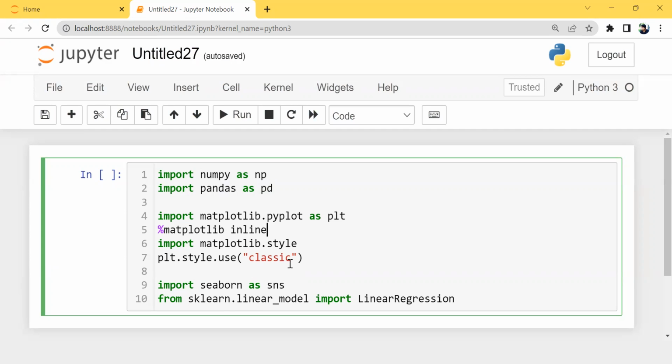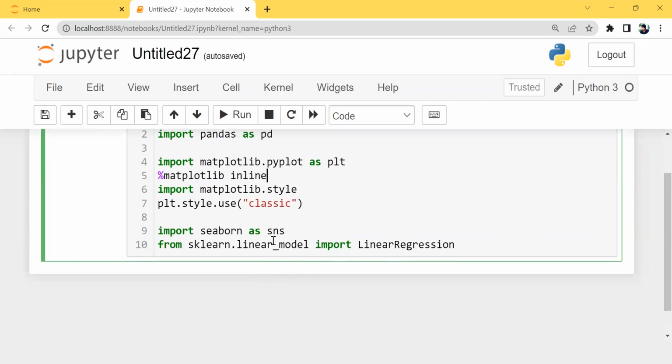When you plot using the matplotlib library, the output will not open inside our Jupyter notebook. It will open outside of the Jupyter notebook, somewhere else, and there you can visualize that output.